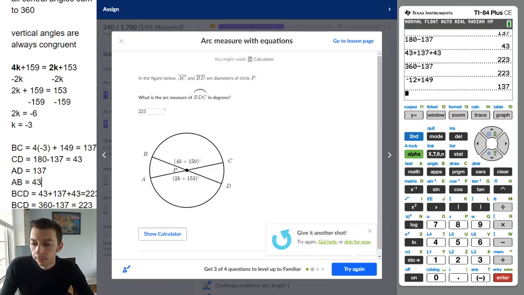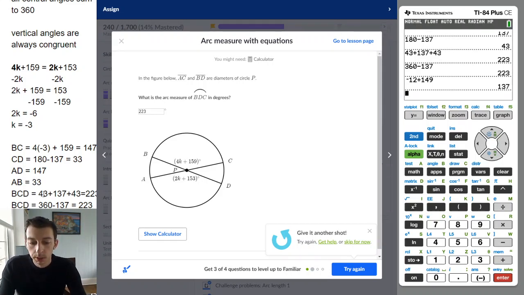So let's pause. So my mistake, which you may have seen, is that this value here should have been 159, not 149. So I'm just going to fix that, which is going to make this 127. Oops, sorry, 147. So that's going to make this 33. This is 147. This is 33.